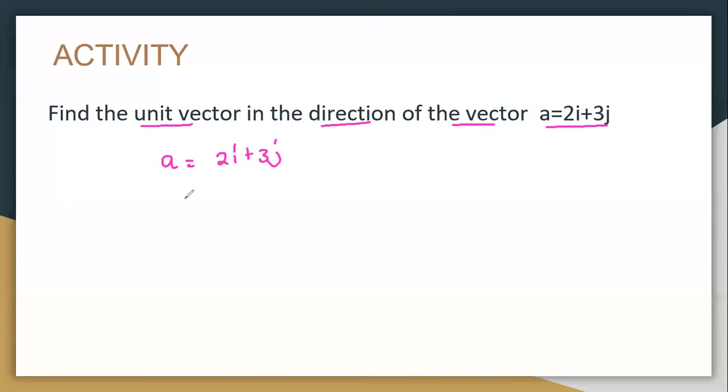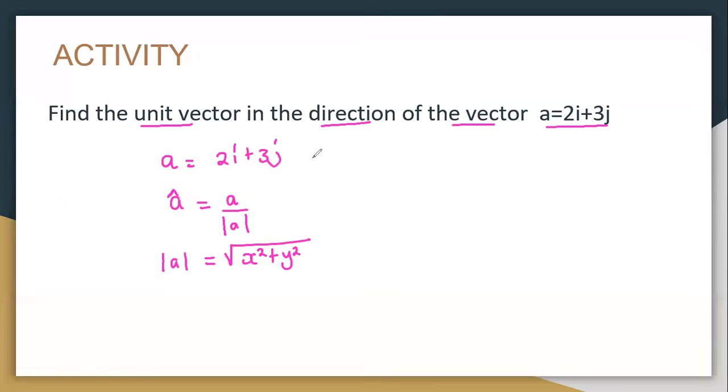So we have said that by definition, to get a unit vector, we shall say a unit vector, we denote it by A hat, is given by the vector divided by its magnitude. That means that the first thing you are going to obtain is the magnitude. So we are going to obtain the magnitude of A. And yesterday we said that the magnitude is always given by the square root of the x component squared plus the y component squared.